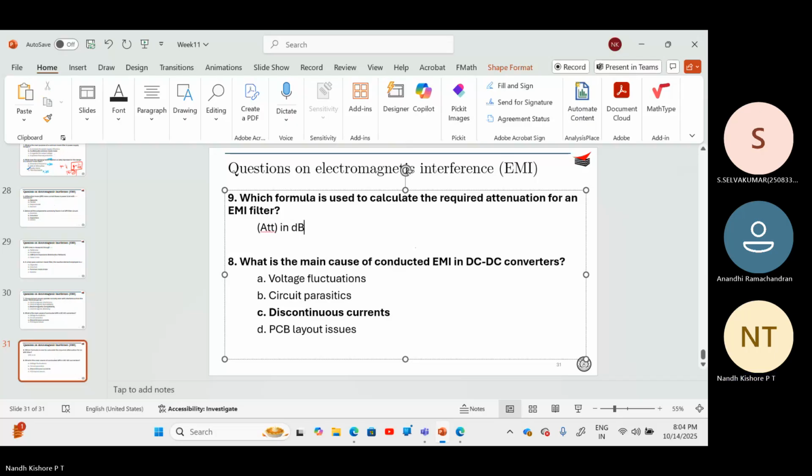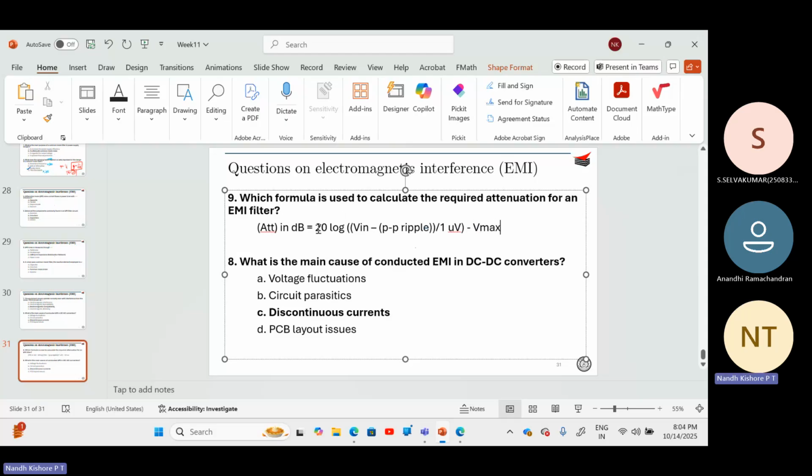in dB, right, will be equal to 20 log V in minus the peak to peak ripple, divided by 1 microvolt, minus V max.